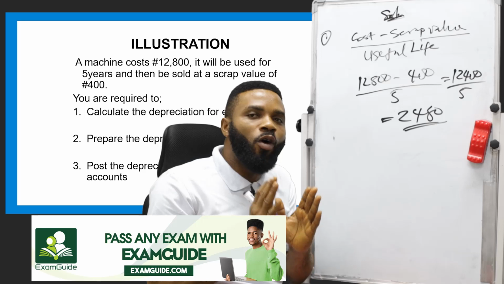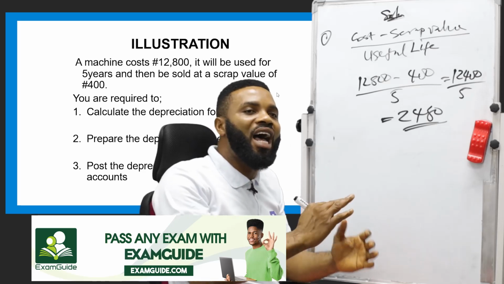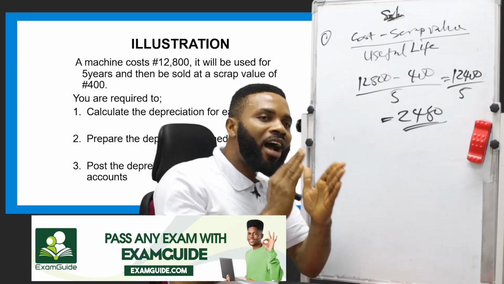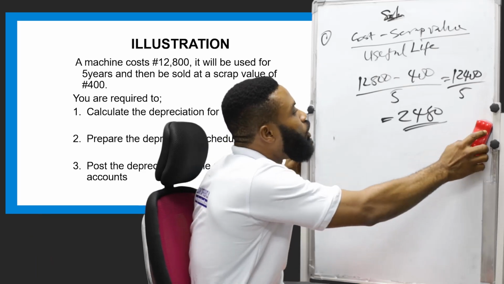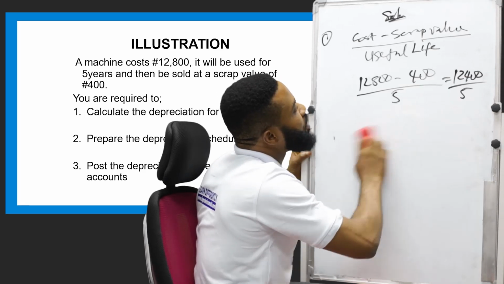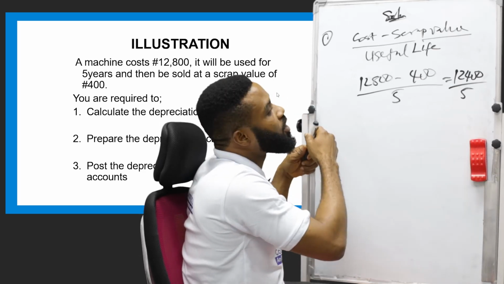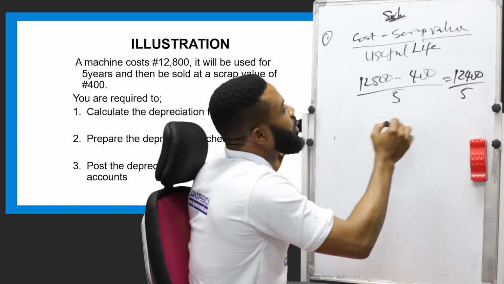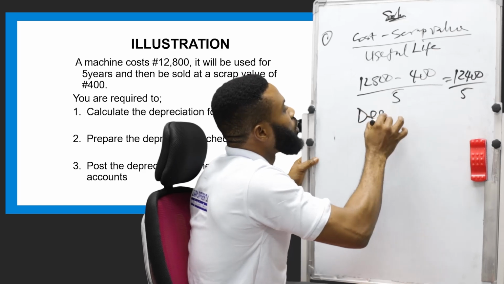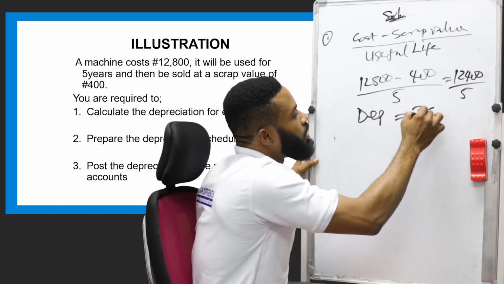So 2,480 is the amount of depreciation that will be charged all through the 5 years of the useful life of the asset. So you come here and say the depreciation for each year is 2,480.